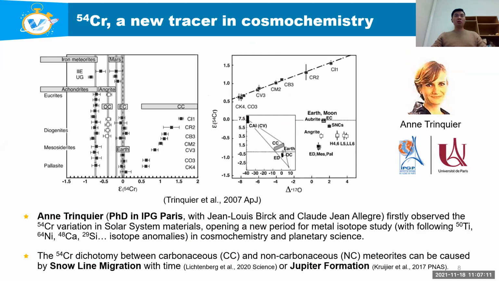This opened a new field for the study of nucleosynthetic anomalies like titanium, calcium, zirconium, and many other isotopes. We can see there is an epsilon 54 chromium dichotomy between carbonaceous and non-carbonaceous meteorites, which can be caused by snow line migration with time or the Jupiter formation.